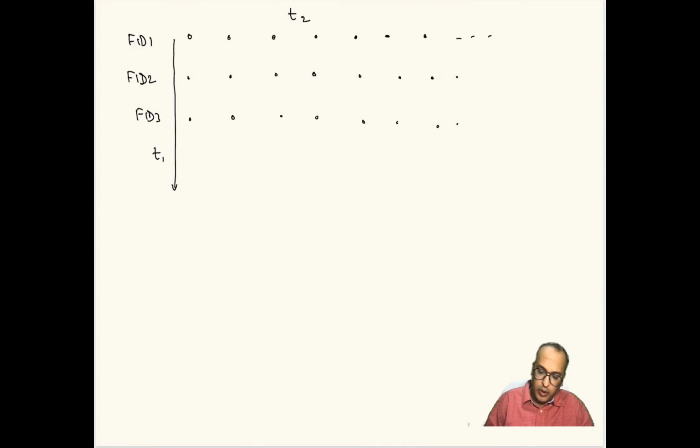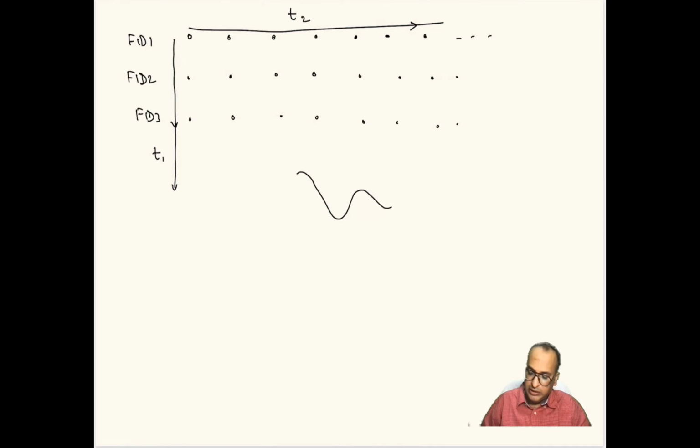So on one side I have a function of t2 on the x-axis, and on the y-axis a function of t1. You have a FID looking like this, this is t2, and orthogonal to it a FID looking like this, t1, right?